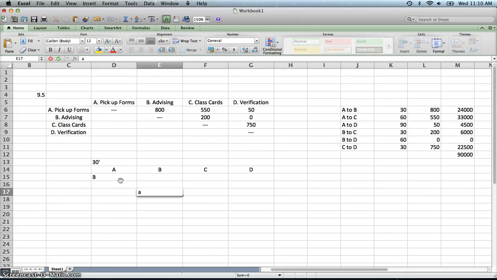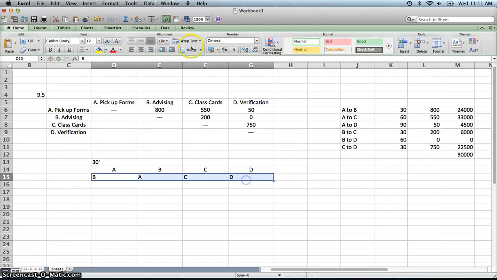We'll put the picking up of forms at the second table here, and the class cards will stay at C, and this will stay at D. So let's see if this arrangement is a little bit better in regards to our layout.